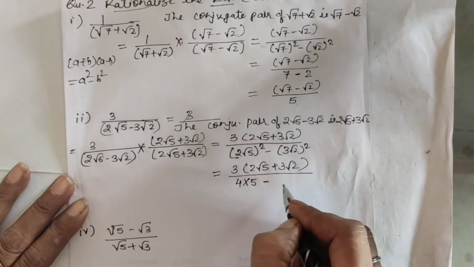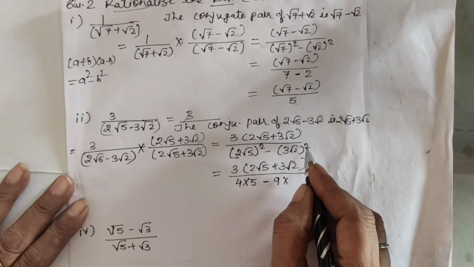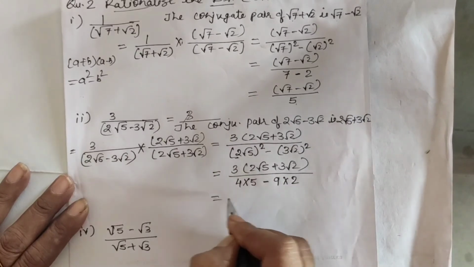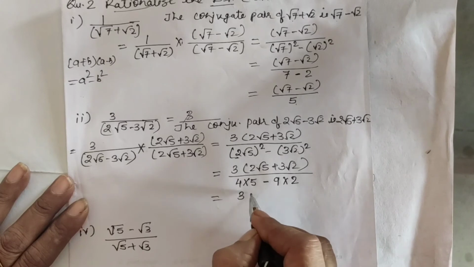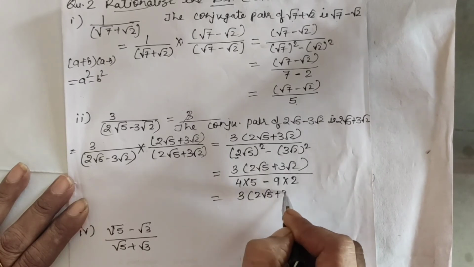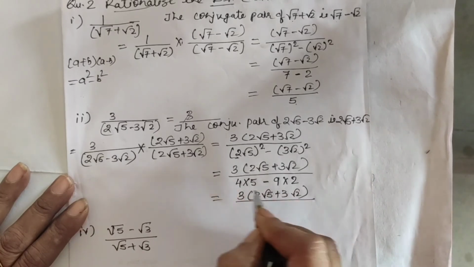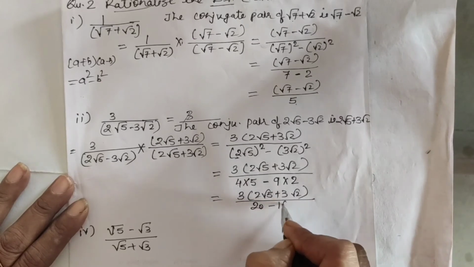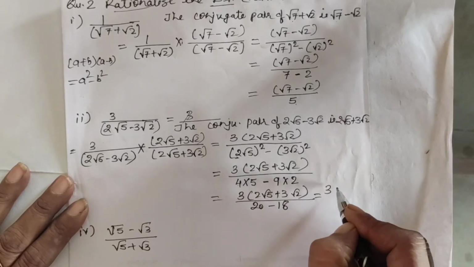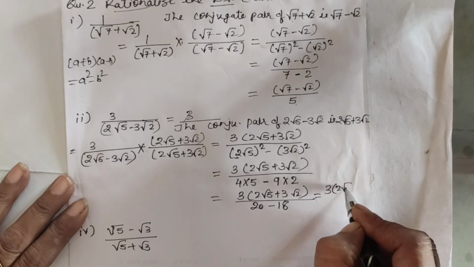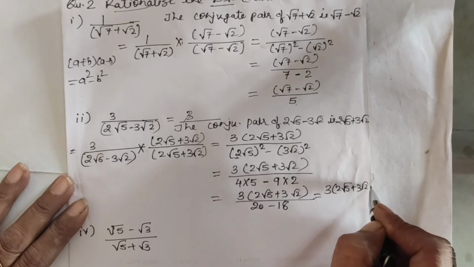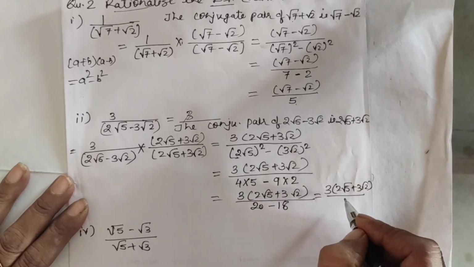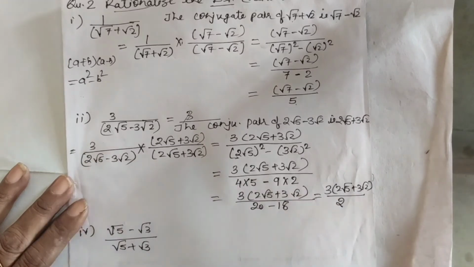Minus 3 square, meaning 9, multiplied by root 2 into root 2, which is 2. Just simplify. The numerator will be as it is, upon 4 fives are 20, minus 9 twos are 18. So your answer is 3 into 2 root 5 plus 3 root 2 upon 20 minus 18, which is 2. That is the answer.